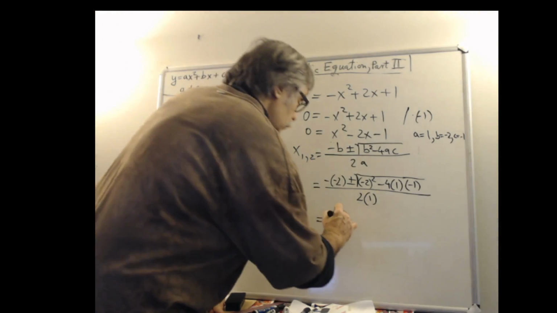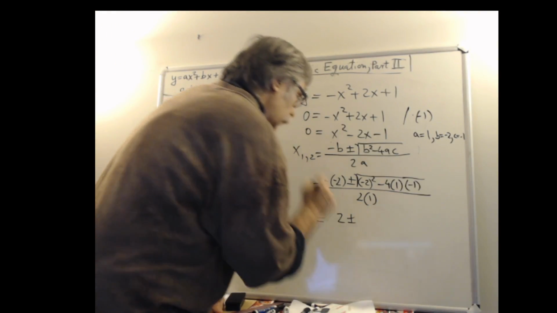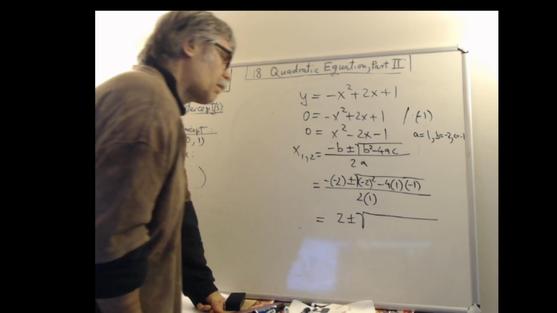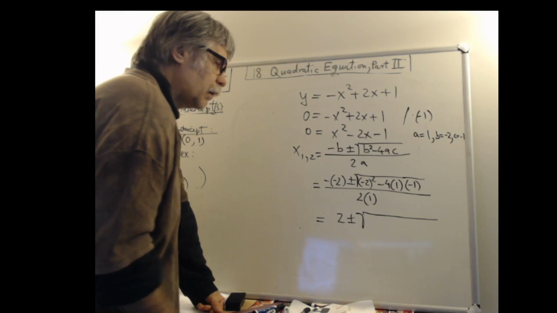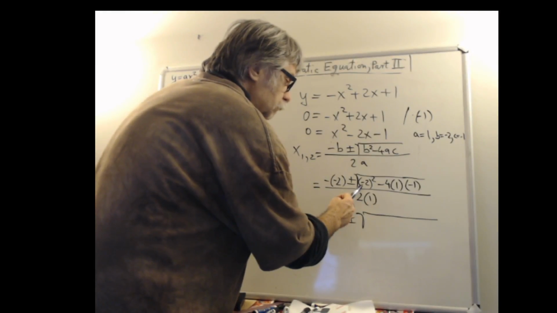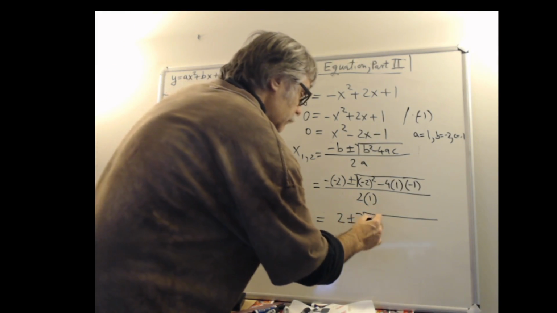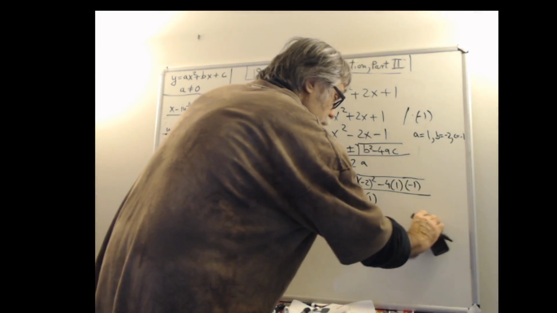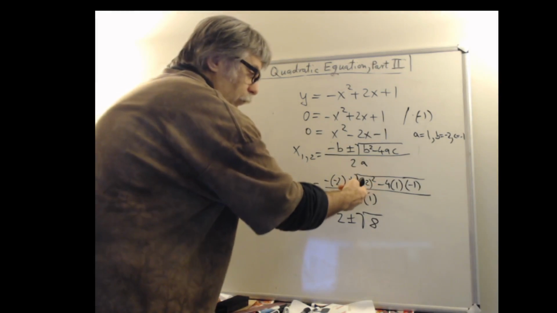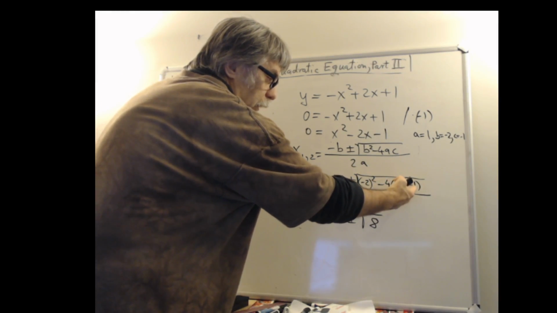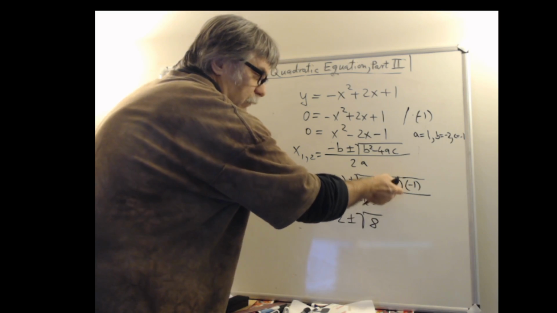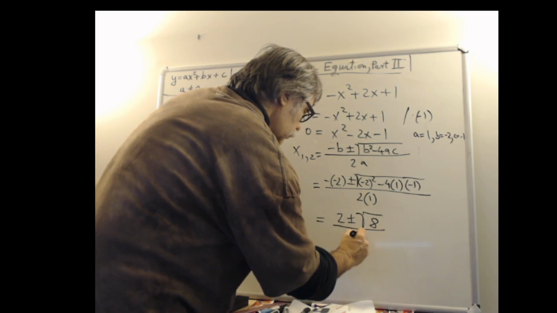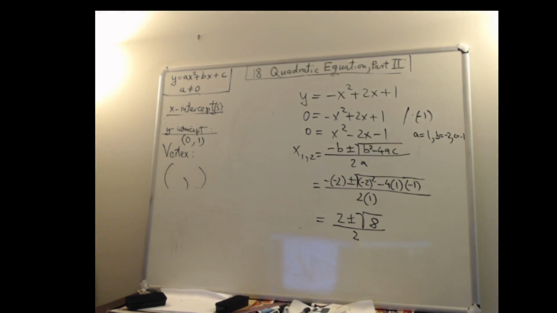So you go 2 plus or minus, you get 4 here, and you get another 4 here, so this is 8. So again, 4, negative 4 times negative 1 is positive 4, this one plays no role, so you get 8. 2 downstairs.